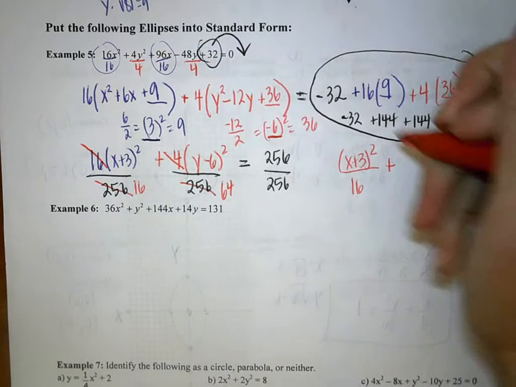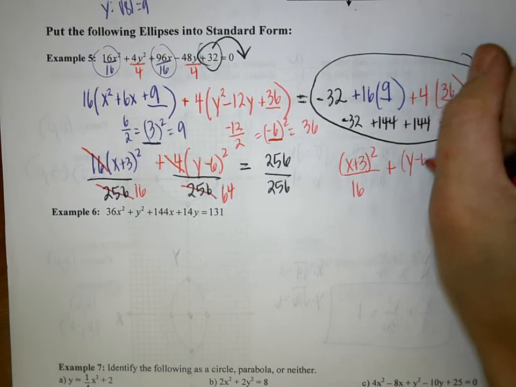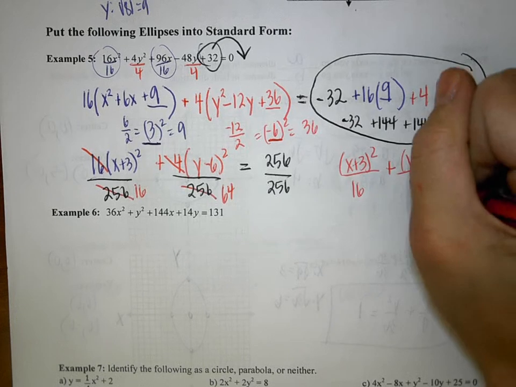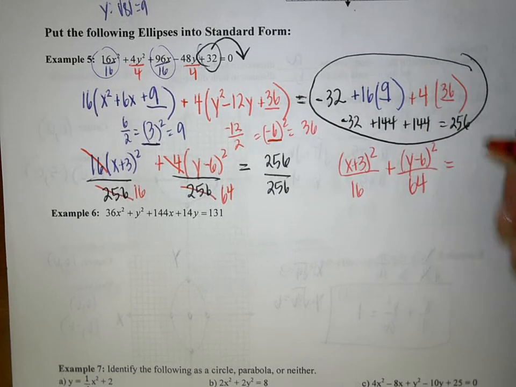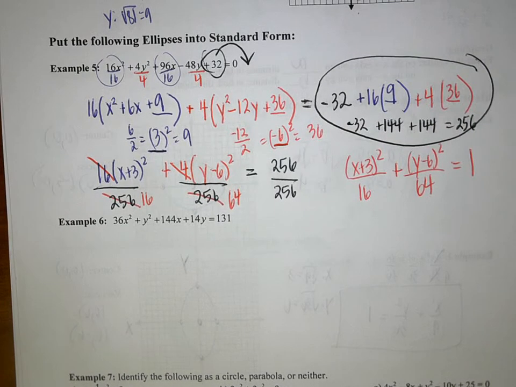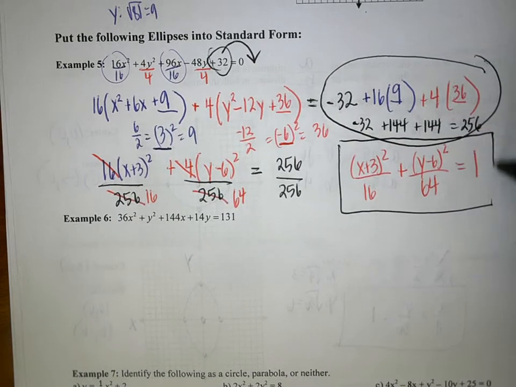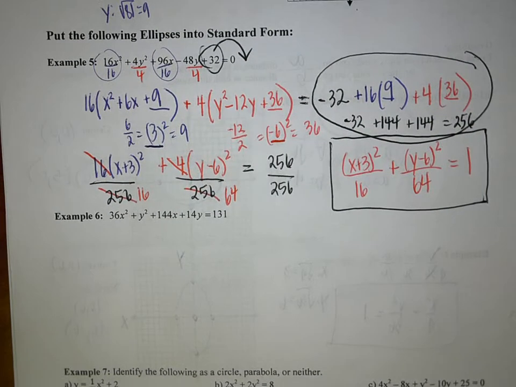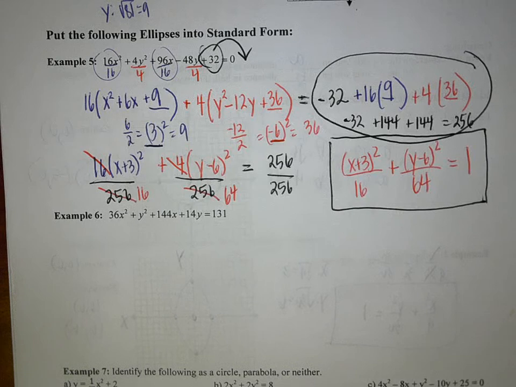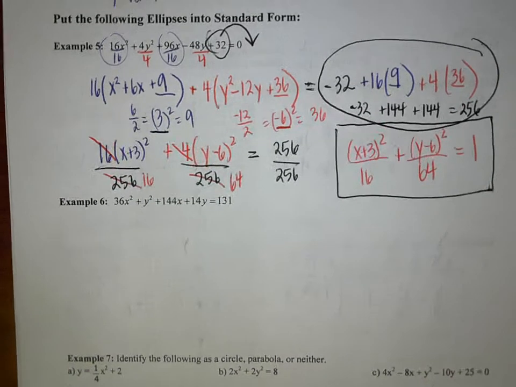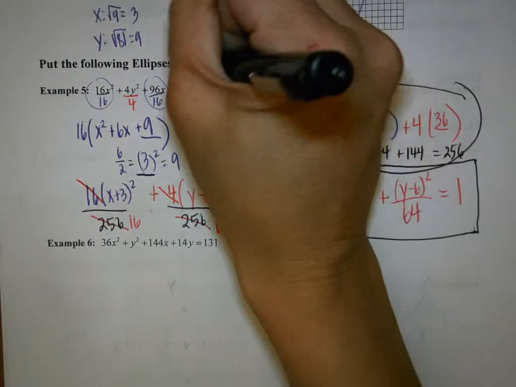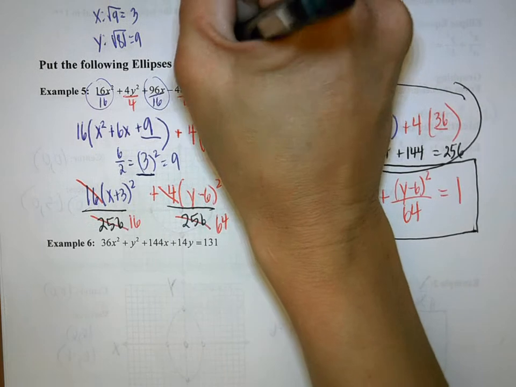So we get y minus 6 squared over 64, and then it equals 1. And so this is your final answer.